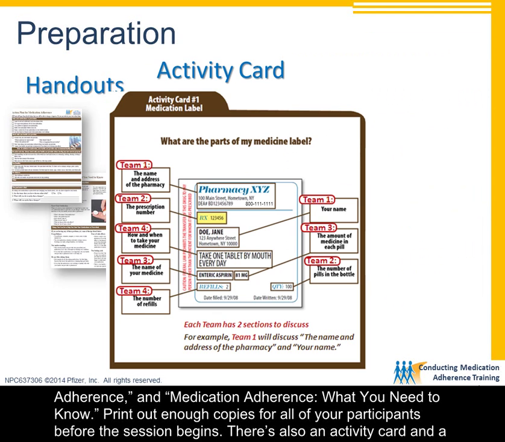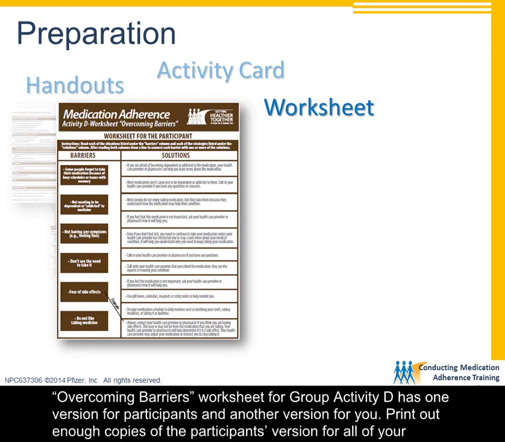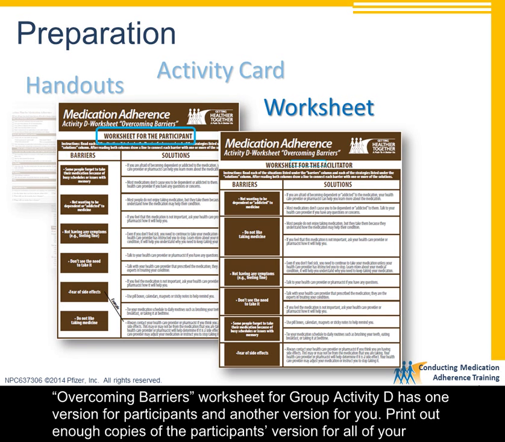There's also an activity card and a worksheet. Print 4 copies of the activity card because you'll be dividing the group into 4 teams, and each team will get 1 copy of the card. This card is used in Activity C. The Overcoming Barriers worksheet for Group Activity D has 1 version for participants and another version for you.